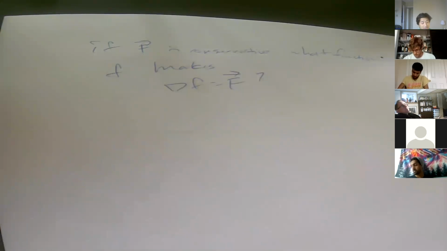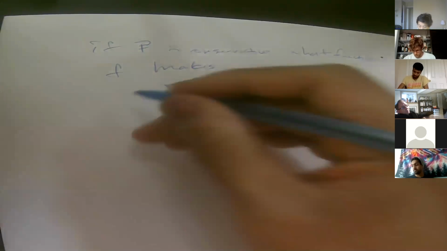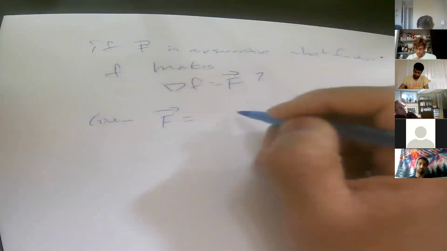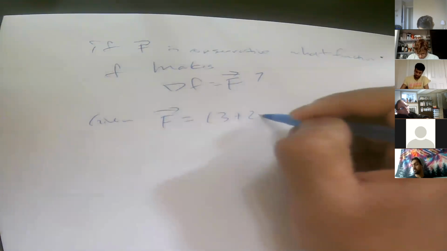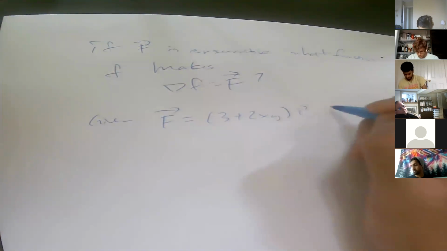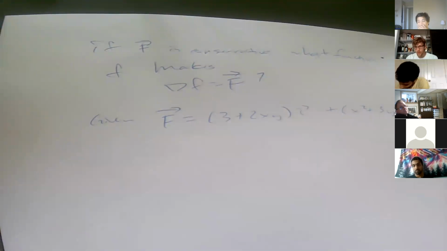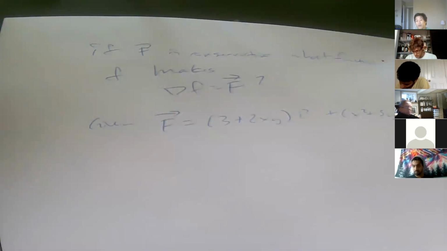So let's go back to this function. Given F equals (3 plus 2xy) i plus (x squared plus 3y squared) j, I want to find the function that has this as its gradient, right?